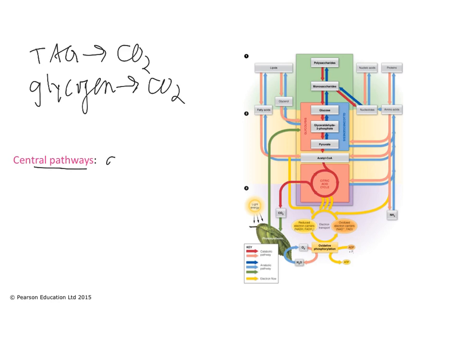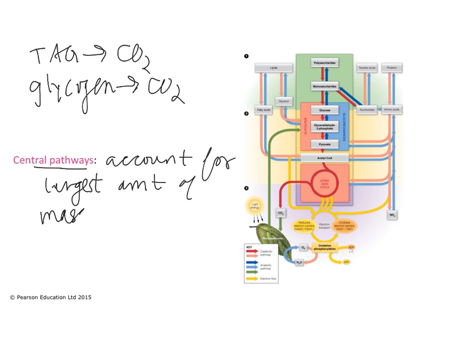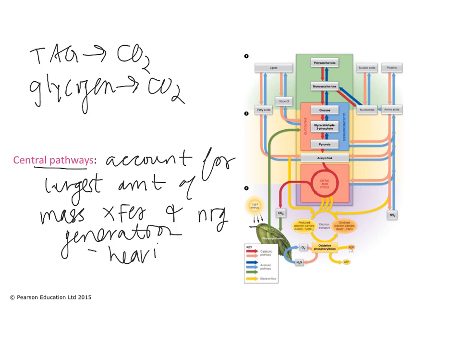And central pathways account for the largest amounts of mass transfer and energy production. These are where there's the heaviest traffic, and they are also very highly conserved across organisms.